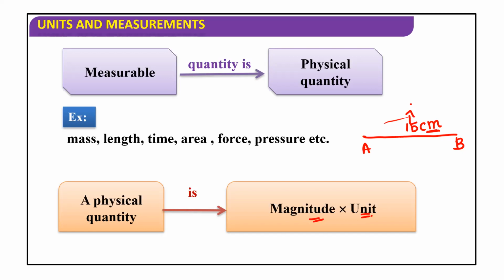So I want you to write a heading, units. And below that, you may write as a note or as a point: a physical quantity which is measured is always expressed in terms of its unit.